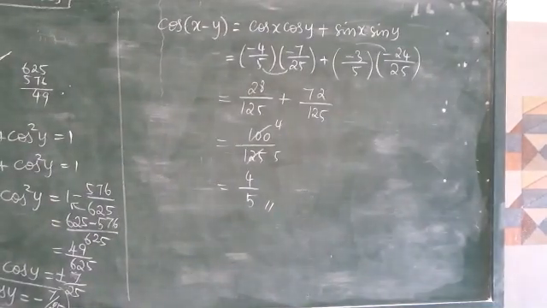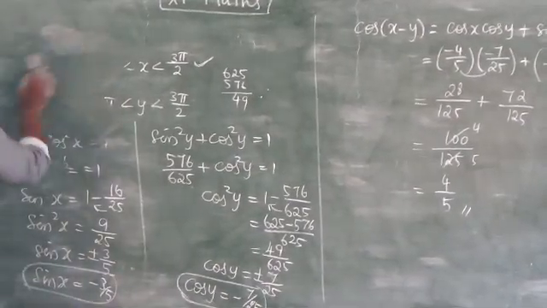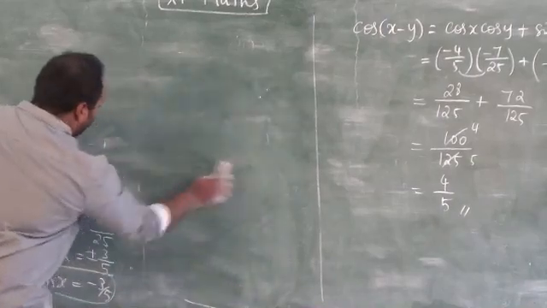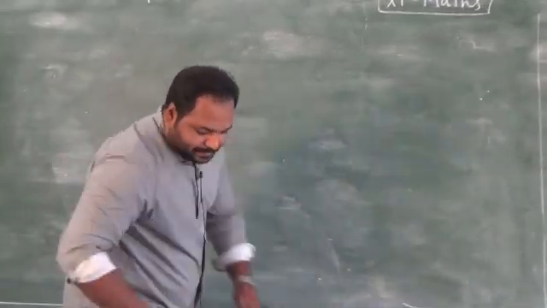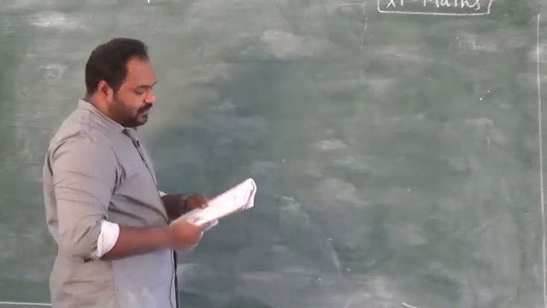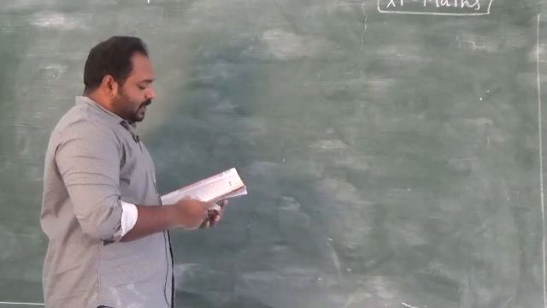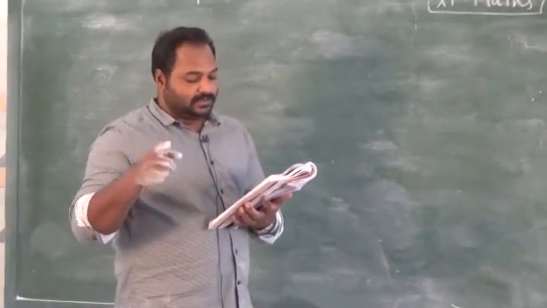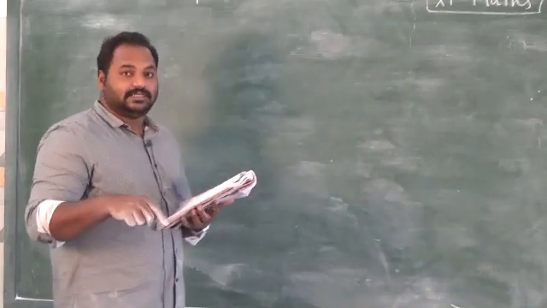Next problem. Problem number 4: sin of x minus y is asked. Same as before. Sin x value is given, it is in the first quadrant. Cos y value is given, it is in the third quadrant.